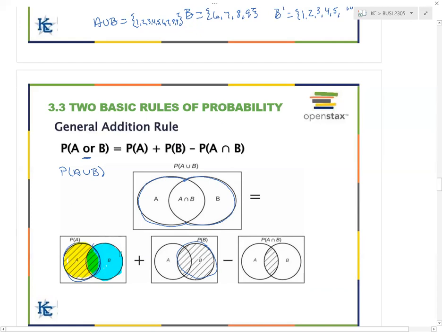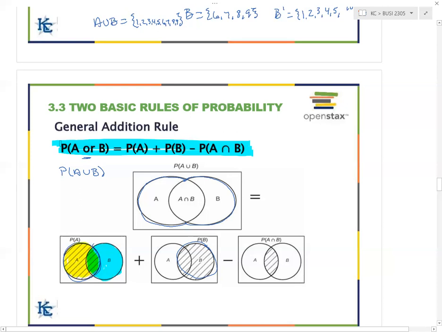It's not blue or yellow, it's green. So it was colored in twice. So we don't want to count that twice when we talk about the probability, so we have to subtract it away. So you want to make sure that this is in your notes. This is extremely important. You're going to use it over and over again.